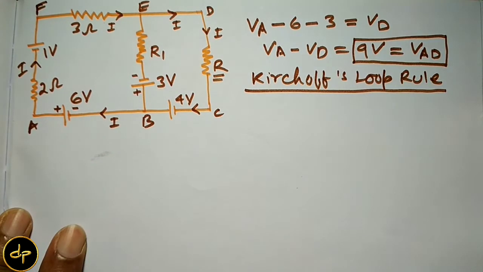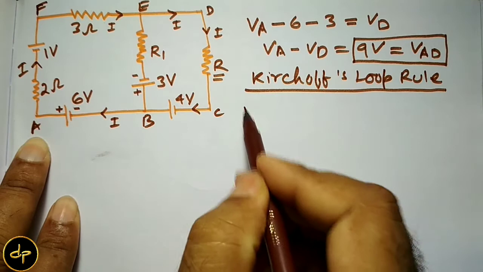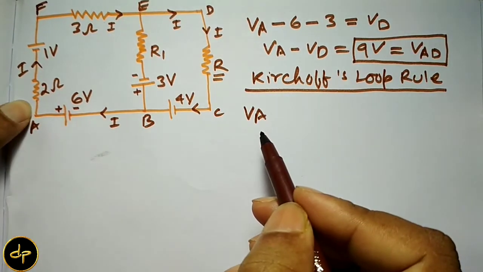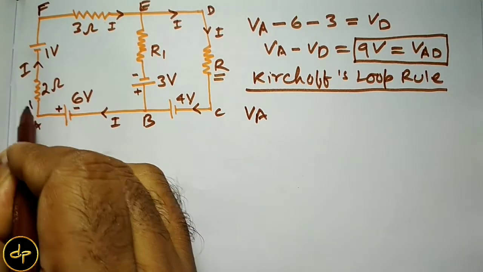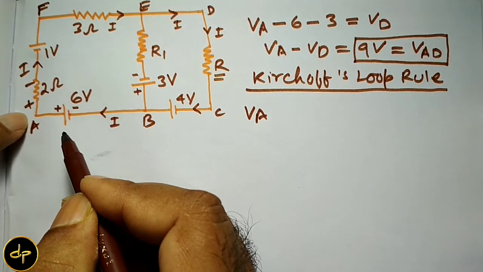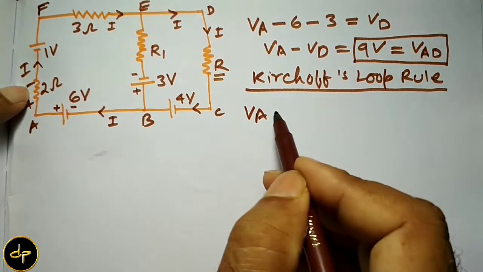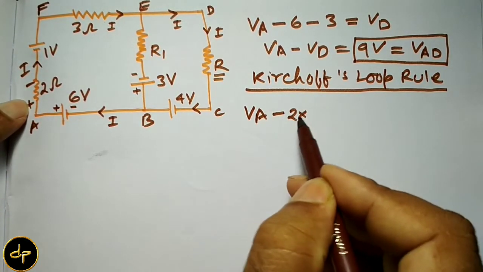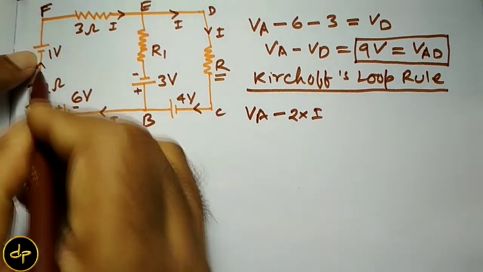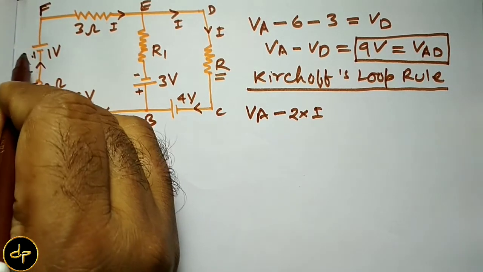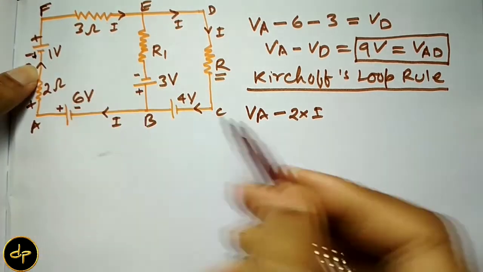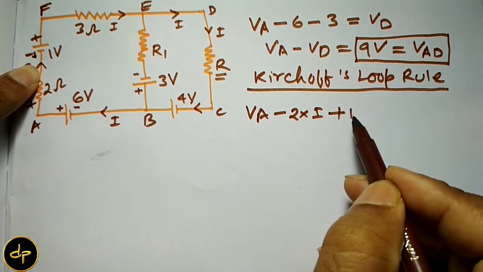So from VA we go in this line, and there is a current, so it will certainly flow from high to low potential. So this is a drop of potential, 2 into current. Then from here to here, this is negative to positive, so there is a rise in the potential of plus 1 volt.